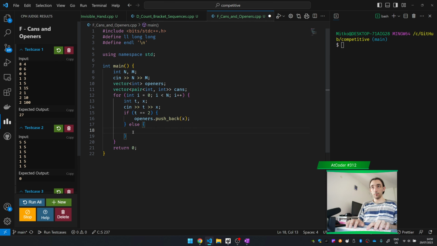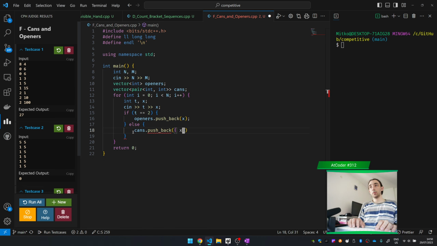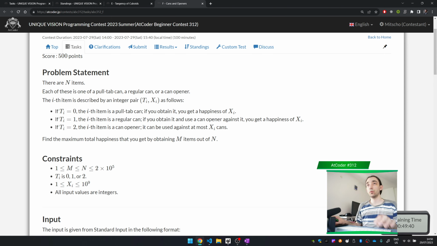Else, now the trick here is that cans will be pushed back, and first we want to sort by x, but because it's decreasing and we want to prioritize a regular can... No, we want to sort first pull tabs, because pull tabs I can pay for them. Regular I need openers to do that.